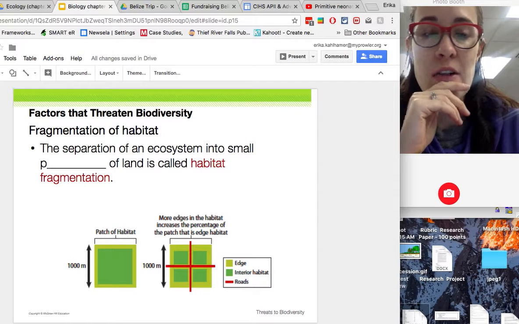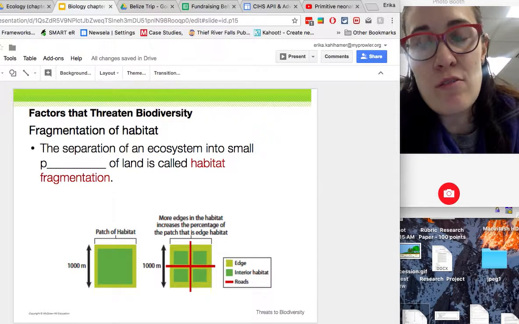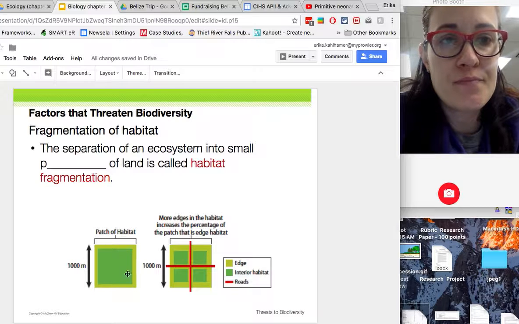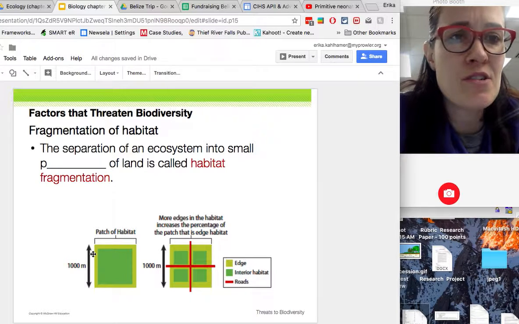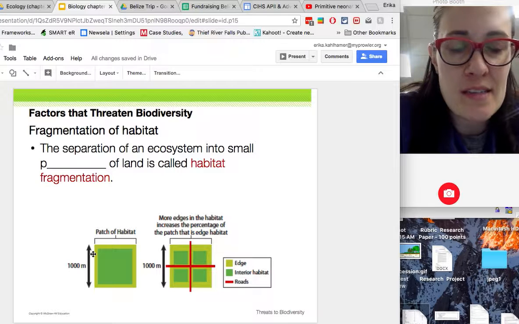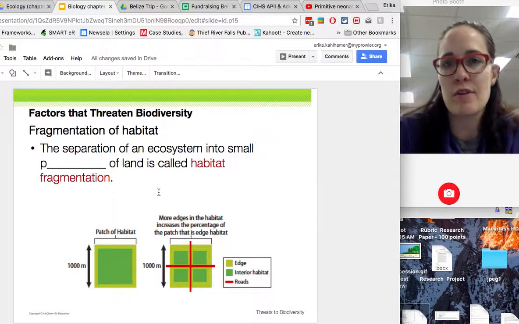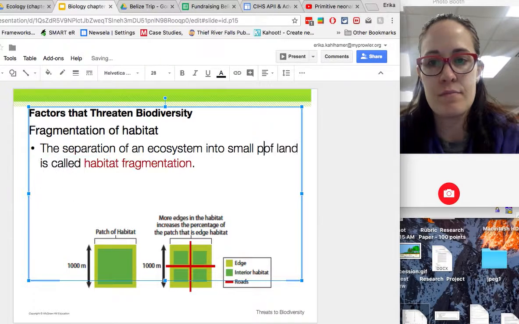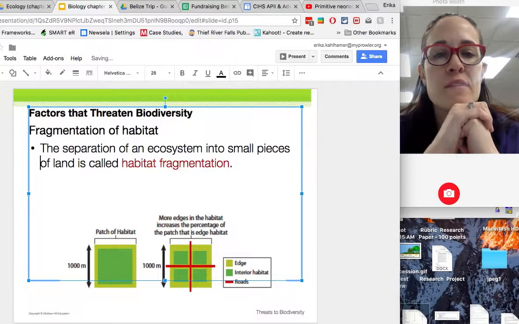Another thing that threatens biodiversity is something called fragmentation of a habitat. Here is an area of habitat, and those are the dimensions. If you fragment it, or break it into smaller pieces, that is fragmentation. That's called habitat fragmentation.